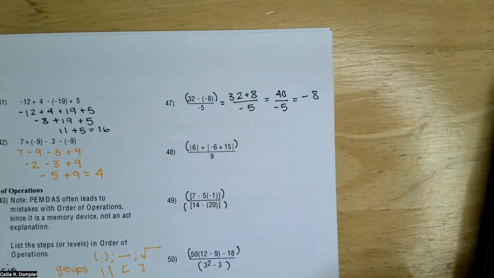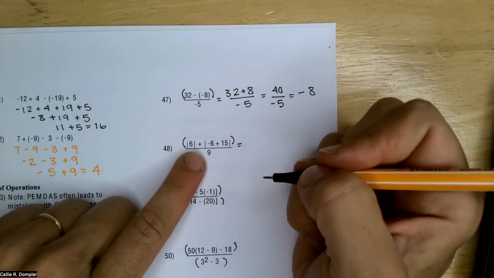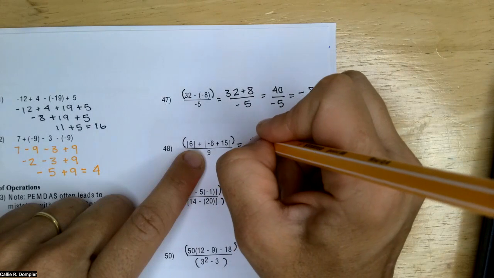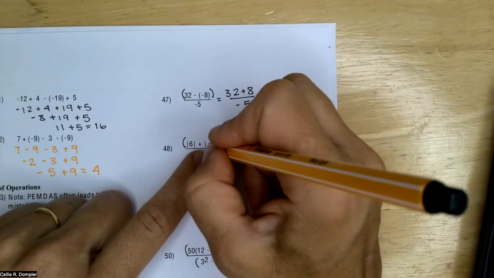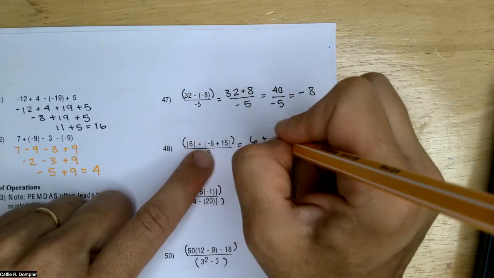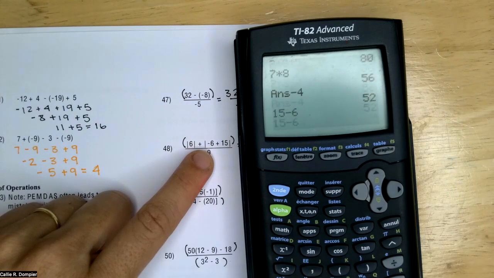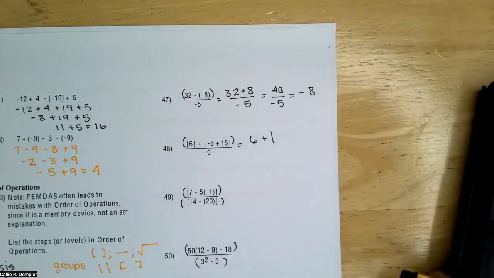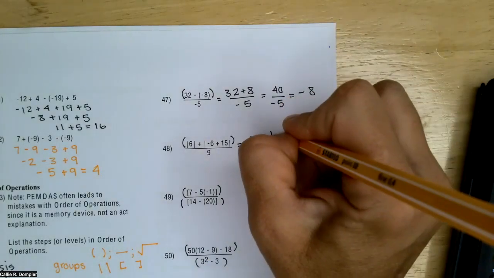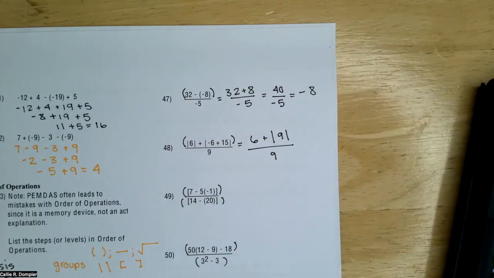Good? All right, here we have absolute values. So let's decide what the absolute value of 6 is. The absolute value of 6 is 6, plus the absolute value of -6 plus 15. -6 and 15 is just 15 minus 6. So 15 minus 6 is 9. It's the absolute value of 9 over 9.